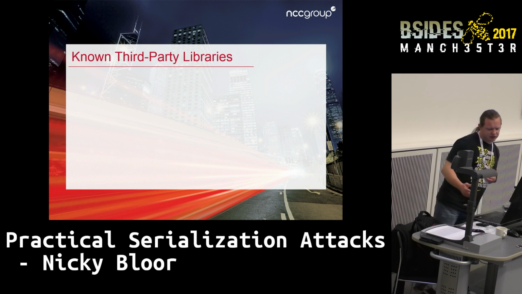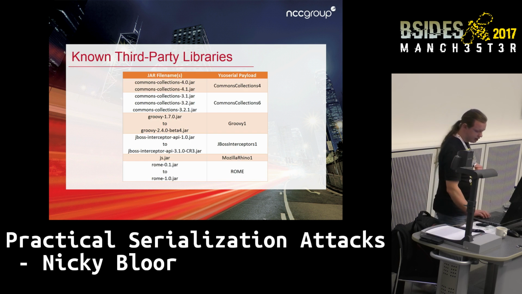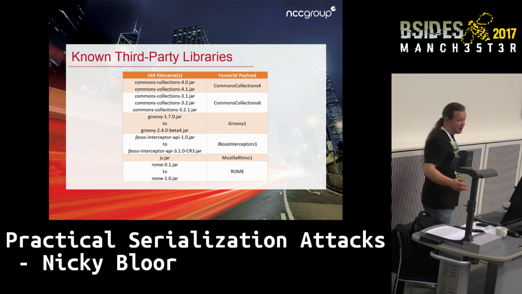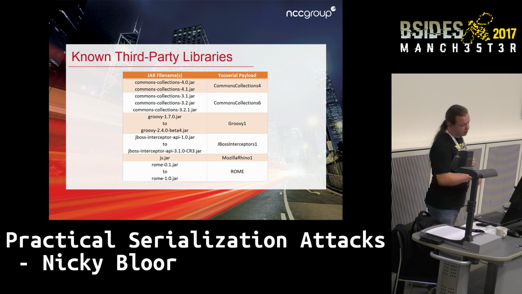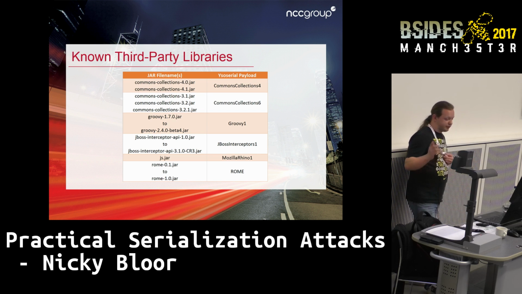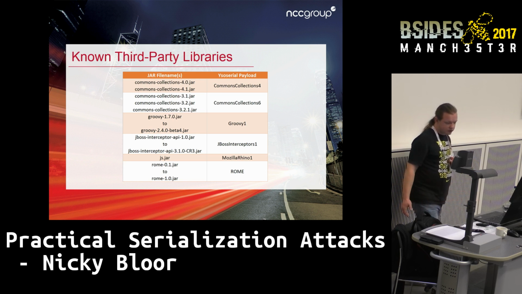If we know what libraries are available to the target application, we know what gadget chains we can use. So this is a partial mapping of jar file names of libraries to ysoserial gadget chains. So commons-collections-4.0.jar, we can attack that with the ysoserial payload CommonsCollections4 and so on.